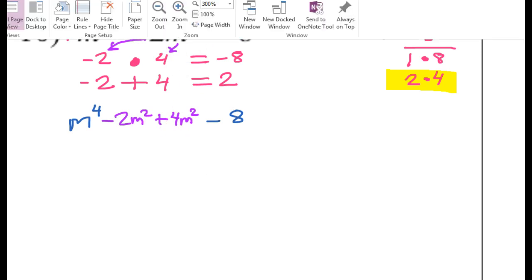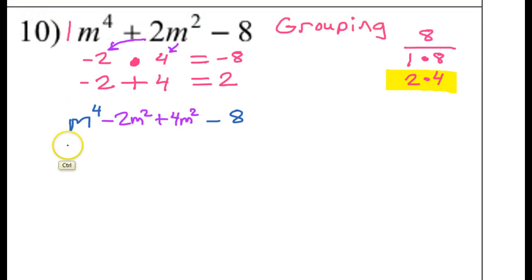So next we will find the GCF of the first 2 terms, and we will find the GCF of the second 2 terms. The GCF of the first 2 terms is m squared. So I've got m squared in the front. The GCF of the second 2 terms is 4.